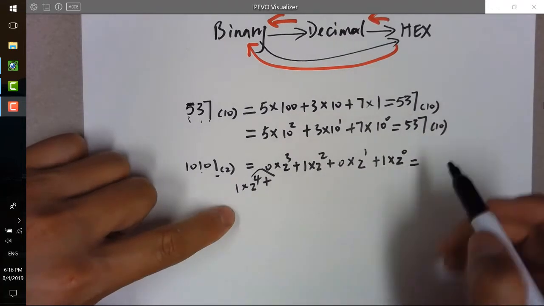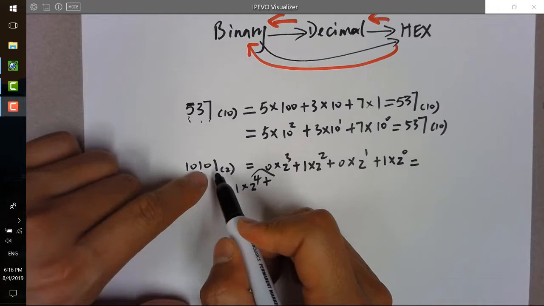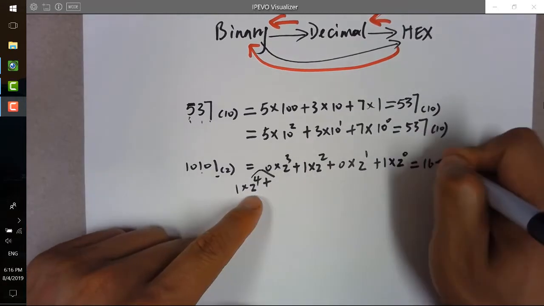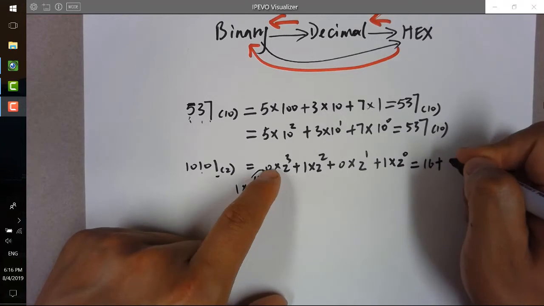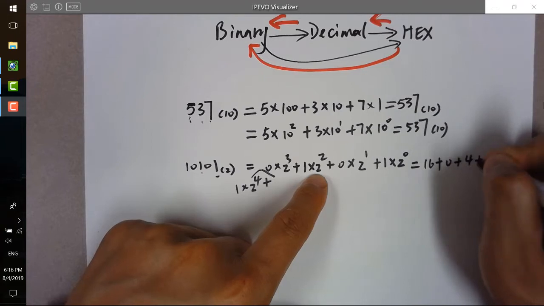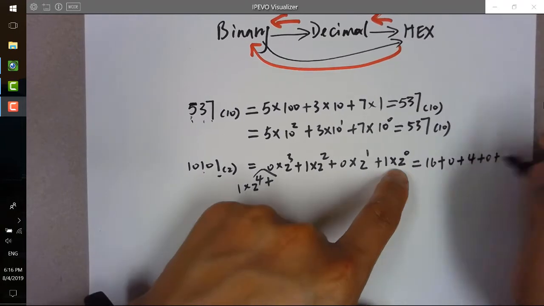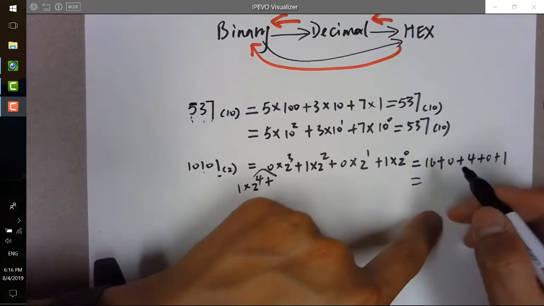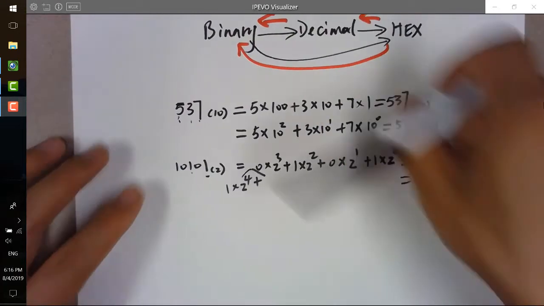Now let's take a look at that. This one is 16, and here is 0 times this, which is going to be 0, and 1 times this is going to be 4, and 0, and this is 1. So the final answer is going to be 21. Now let's see if this is right.